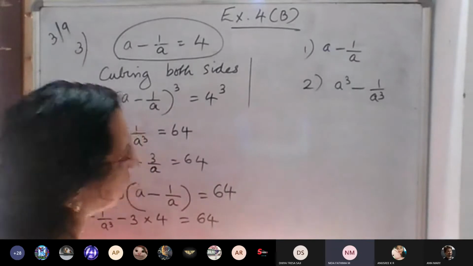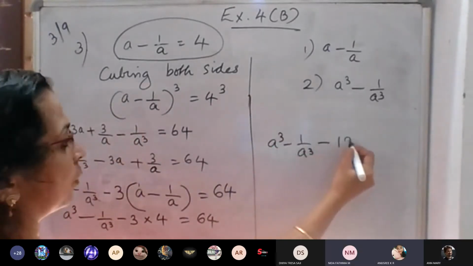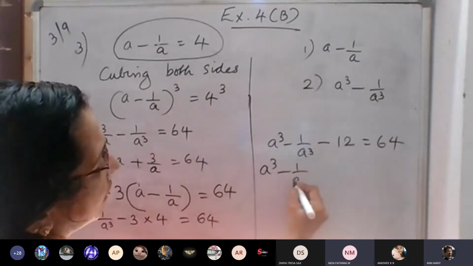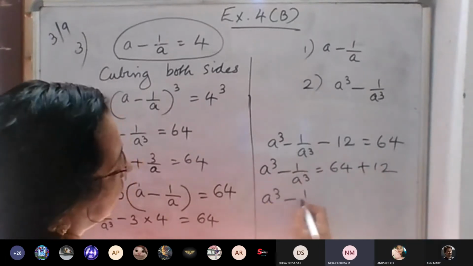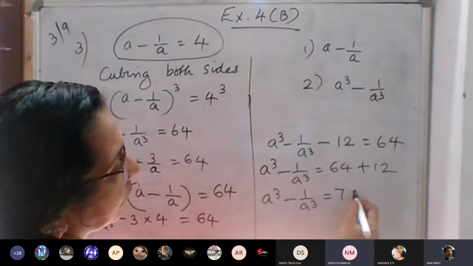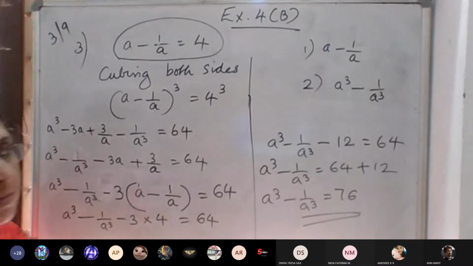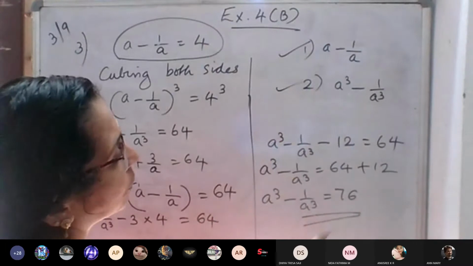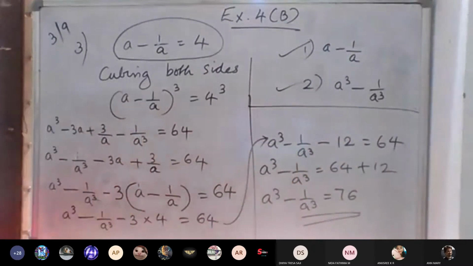The next step: a cube minus 1 by a cube minus a is equal to 64 square plus 12, which is equal to 76. So a cube minus 1 by a cube is equal to 76. We got a minus 1 by a, and the second part a cube minus 1 by a cube is equal to 76. Okay. Understood? Right.